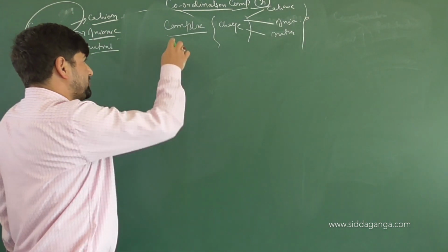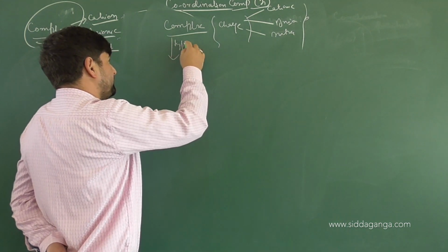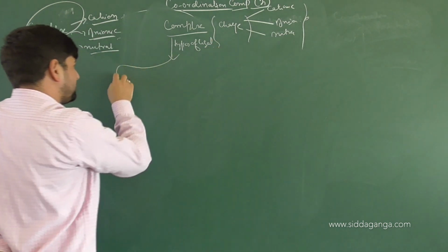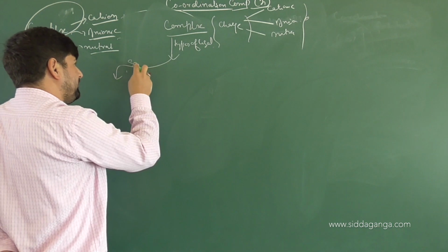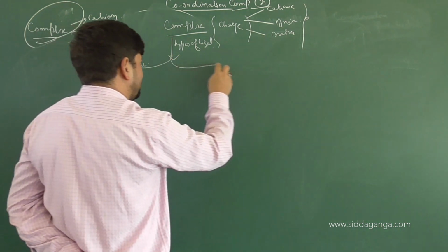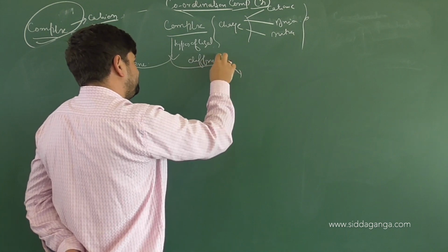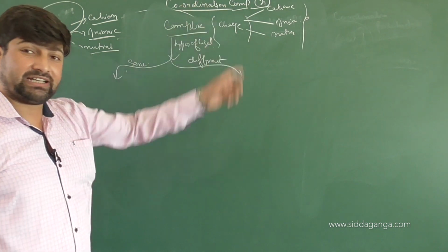One more classification of the complex is on the basis of types of ligands. What does it mean? Ligands attached to the central metal atom may be the same or different.